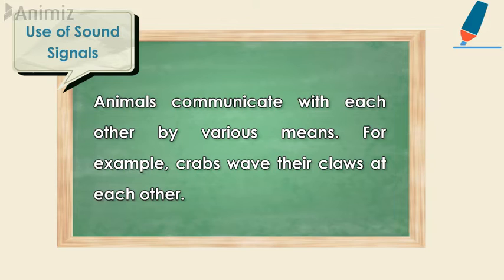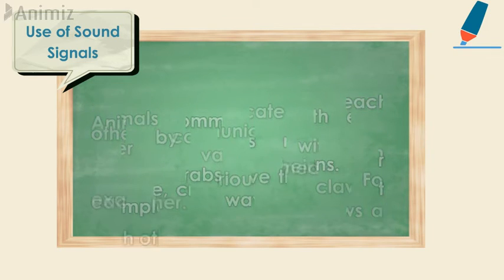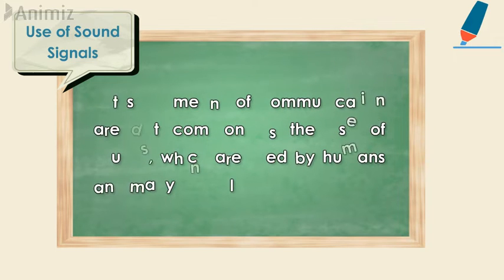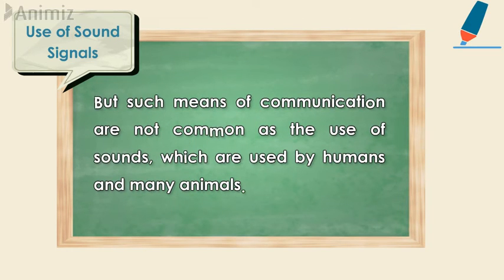For example, crabs wave their claws at each other. But such means of communication are not common as the use of sounds, which are used by humans and many animals.